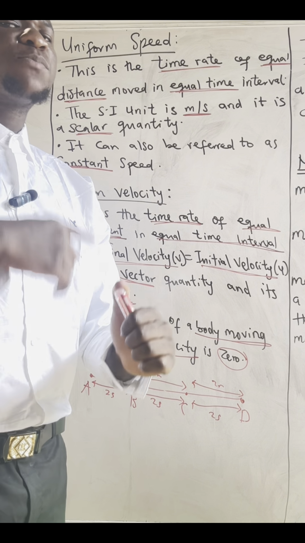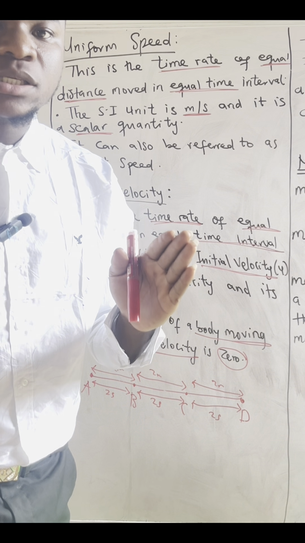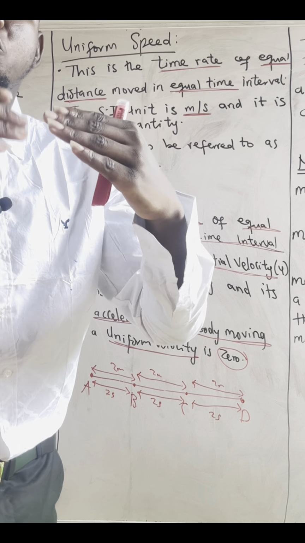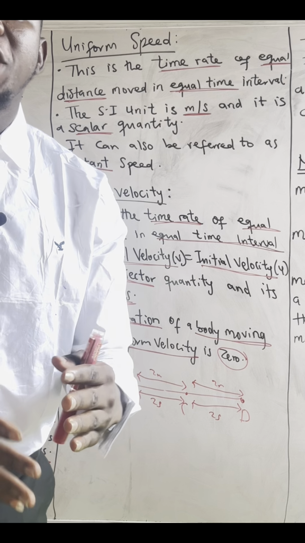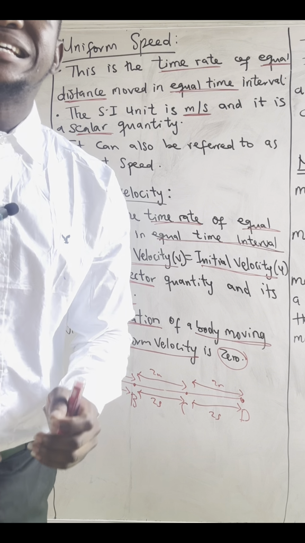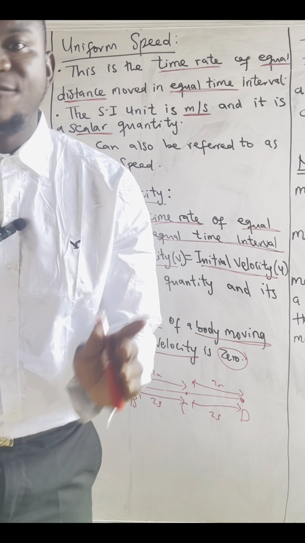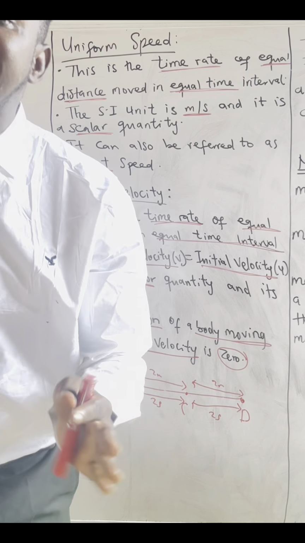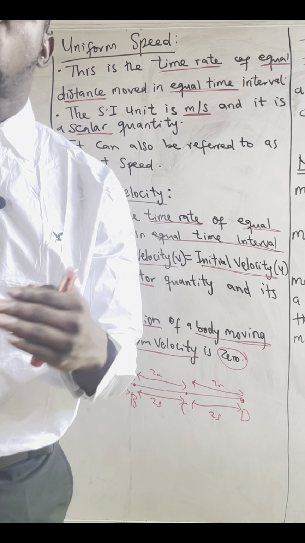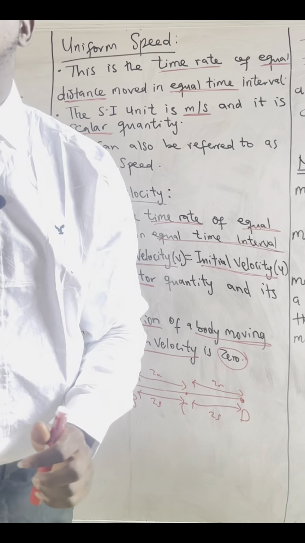But when an object moves with uniform velocity, it moves with equal displacement in equal time. So this simply means that the velocity is constant. The velocity is not changing. So there is no increase or decrease in velocity when we are talking about uniform velocity. The velocity is constant. The final velocity is equal to the initial velocity.